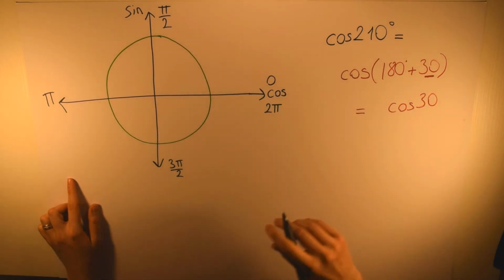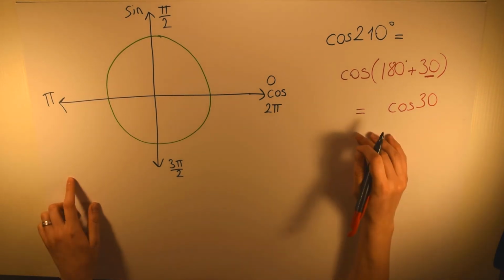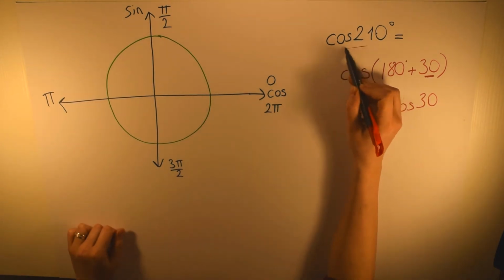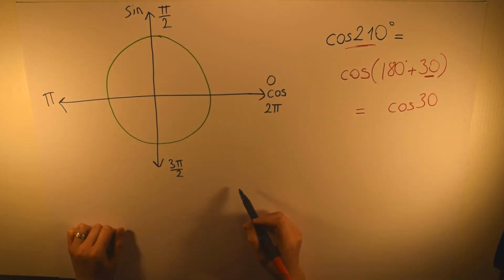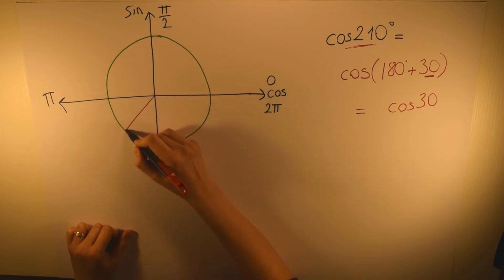Now, what was the last step? We are looking at its sign, right? So now let's look at the sign of this cosine. So it's cosine 210, right? 210 is somewhere here.